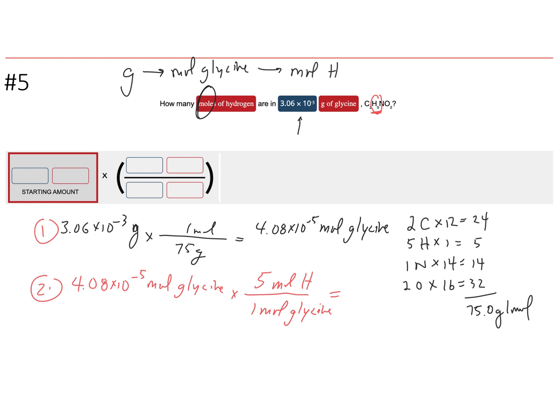So we multiply that by 5, moles of glycine cancel out, and we should get something like 2.04 times 10 to the minus 4 moles of hydrogen in this many grams of glycine.